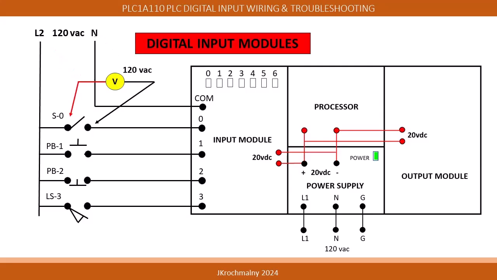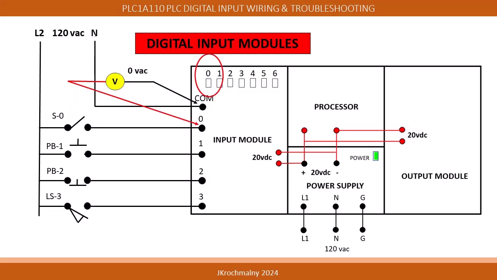With our voltmeter, we can measure the voltage appearing across the switches. With power sent to the switches, if the voltmeter measures 0 volts, the switch is in the closed position. If the voltmeter measures the applied voltage, in this case 120 volts, the switch is in the open position.